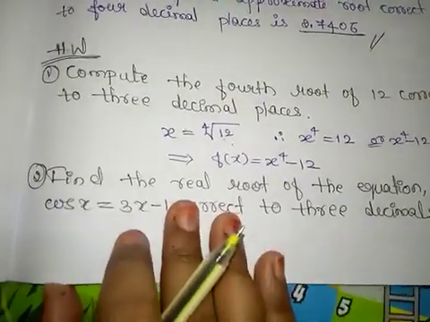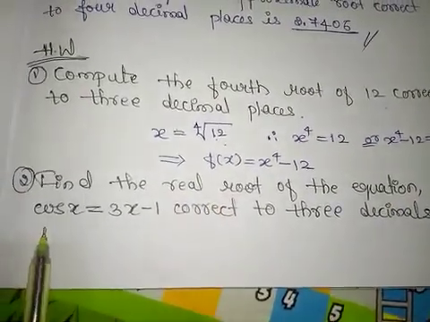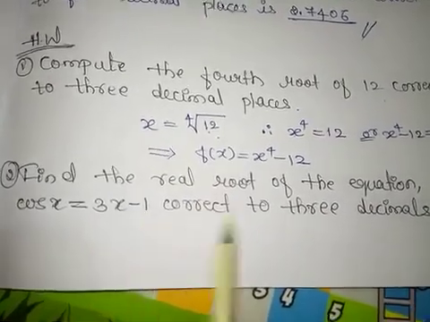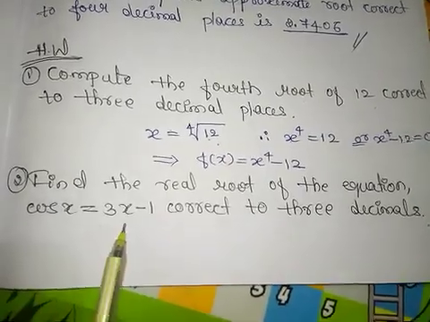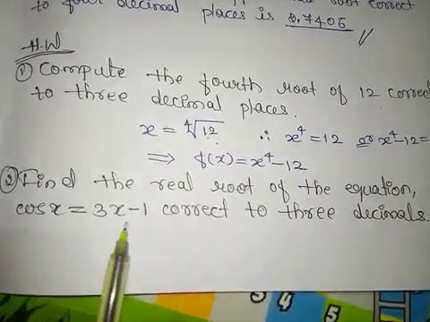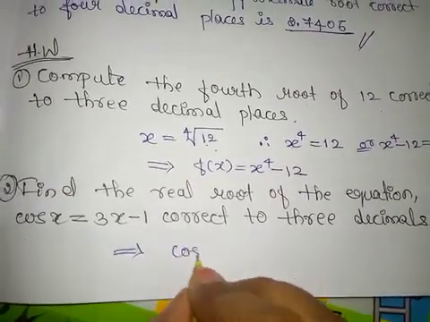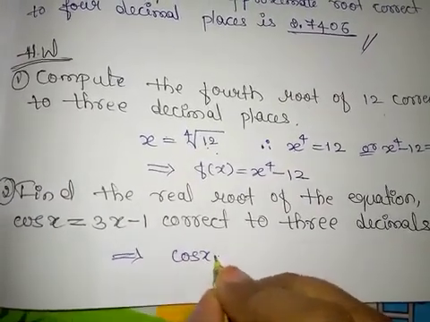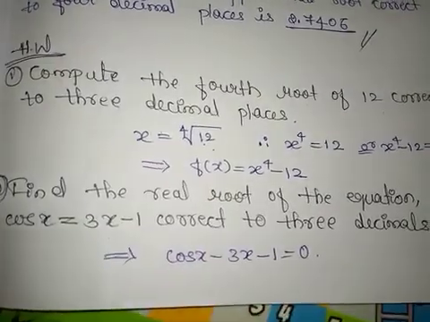Okay, next find the real root of the equation cos x is equal to 3x minus 1 correct to 3 decimal places. Here they are given in a different form, that is cos x is equal to 3x minus 1, which can be written as cos x minus 3x plus 1 is equal to 0.